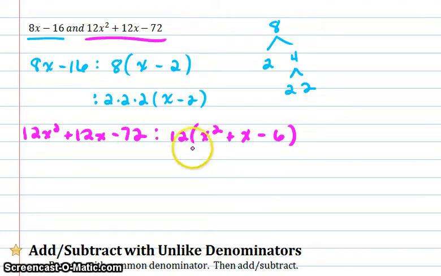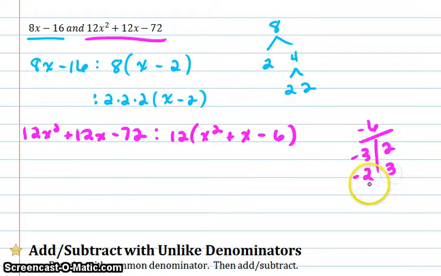And then we've got a trinomial here. We can factor this. We want to look for factors of negative 6 that add up to 1. The ones that work, negative 3 and positive 2, give us negative 1, so we need negative 2 and positive 3. That'll give us positive 1. So we have 12 times x minus 2 times x plus 3.